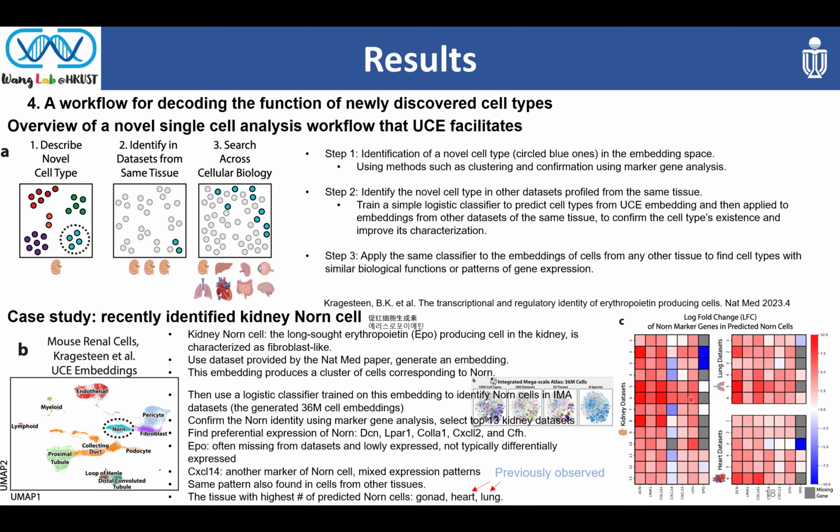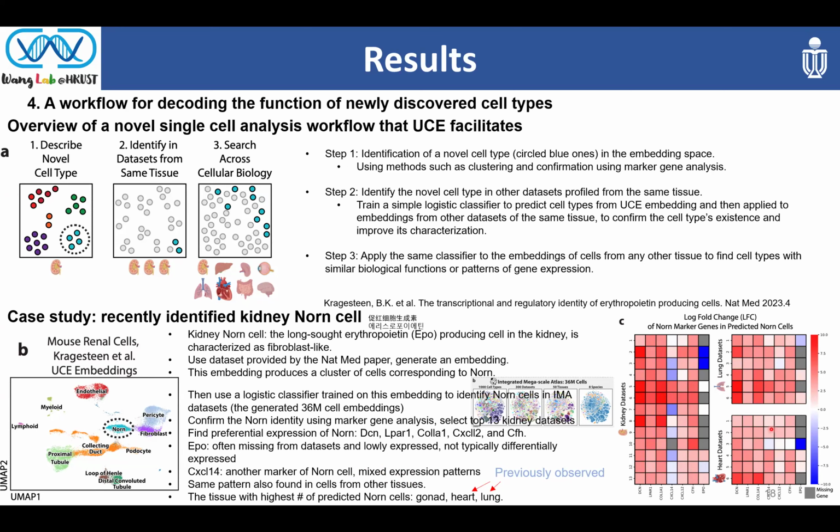Right, and that then is the third step. They apply this classifier to other data sets, from other tissues like heart and lung and others, and they found the tissues with the highest number of predicted neuron cells are those three: gonad, heart, and lung.